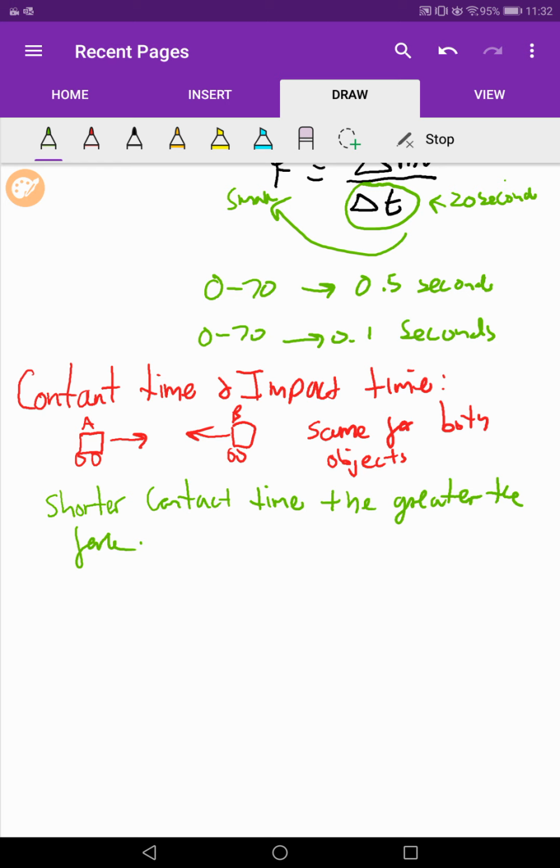The contact time is how long they're in contact with each other, and the impact time is the time until they are moving at constant velocity, at the same velocity as each other.